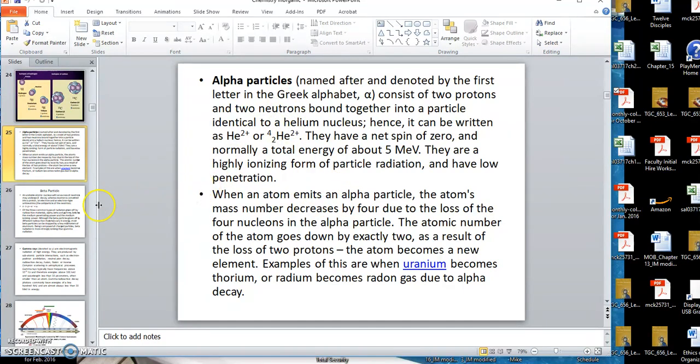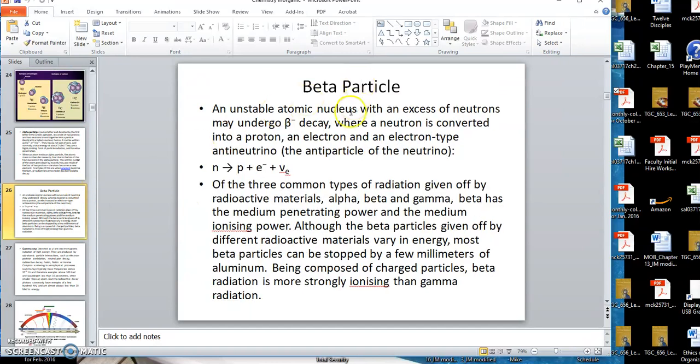The beta particles are smaller. Beta particles are basically, let's say that a neutron hits another neutron, splits it up, and a piece comes off. The piece comes off the size of a proton plus the size of an electron.